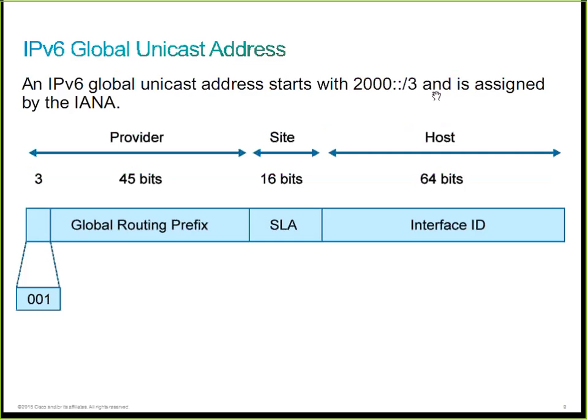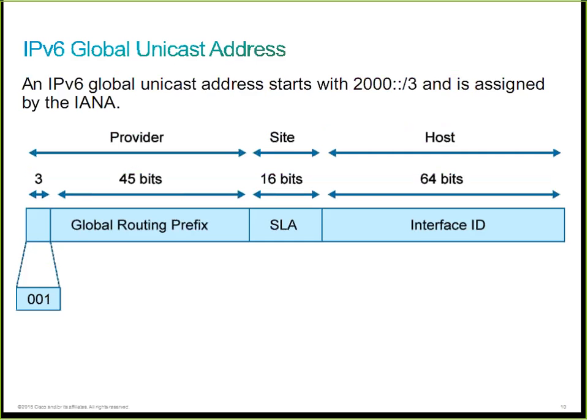Talking about the IPv6 global unicast address, the one used across the internet, it is an address assigned by IANA, the Internet Assigned Numbers Authority. According to that, the first 3 bits of the global unicast address are reserved as 001. That's the main thing about the global unicast address.